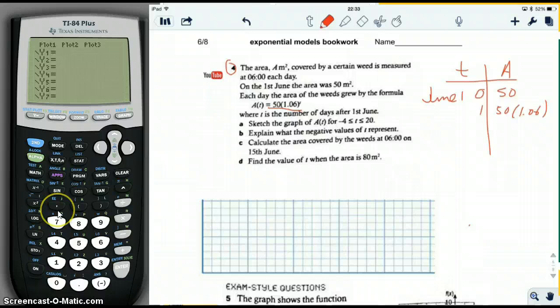We'll put 50 times 1.06 to the power of t, or we're going to put x in this case. Graph. And we'll look at the table, second table.